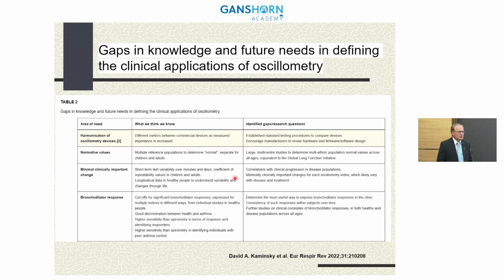We need to understand what a minimally clinically important change is. We have limited information at this time based on what I showed you was published in the European Respiratory Review, but we need to strengthen that knowledge as far as what is a clinically important change in the data itself.